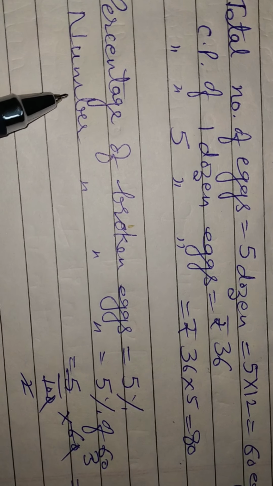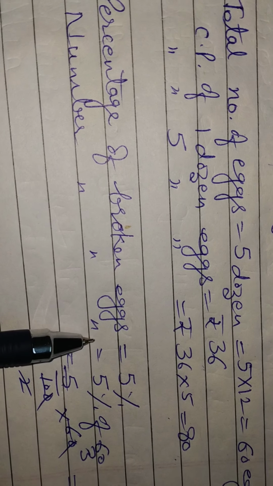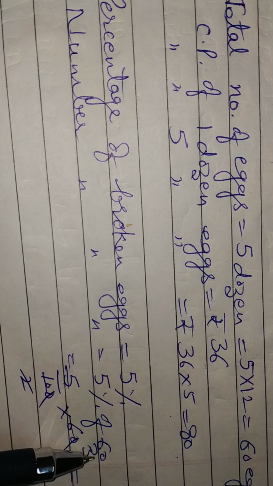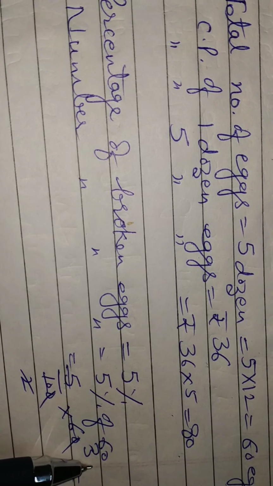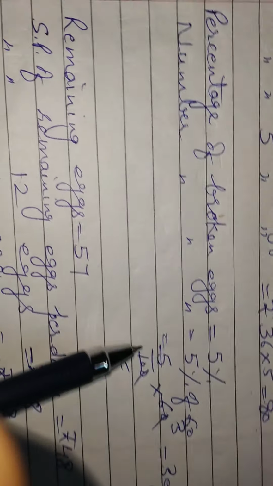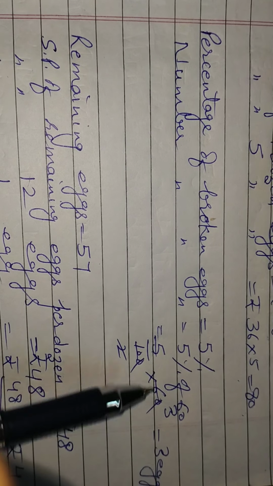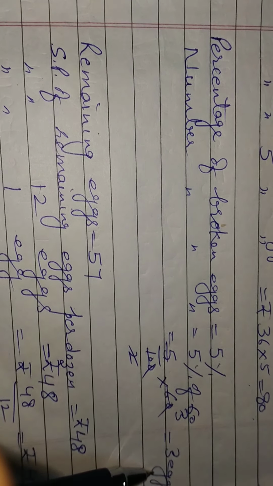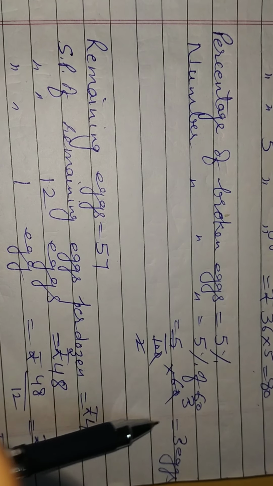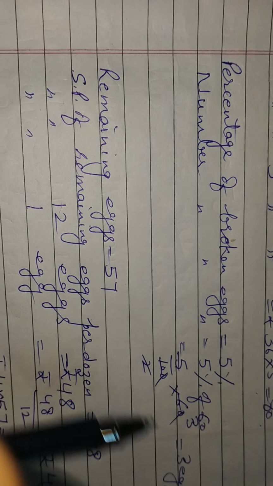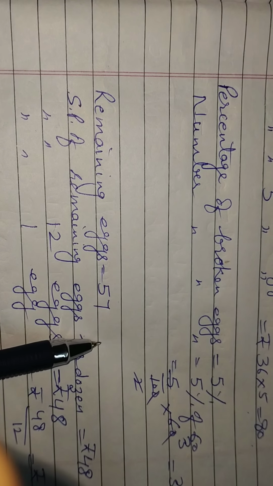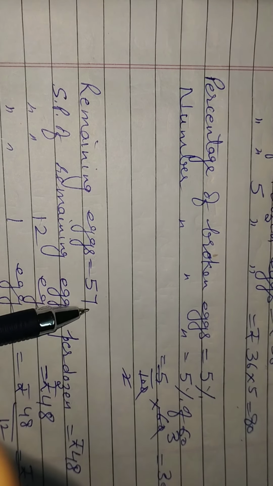It means how many broken eggs were there? 5% of 60. Out of 60 we can find 5% by solving. We will see that 3 eggs were broken out of 60, means remaining eggs 57.